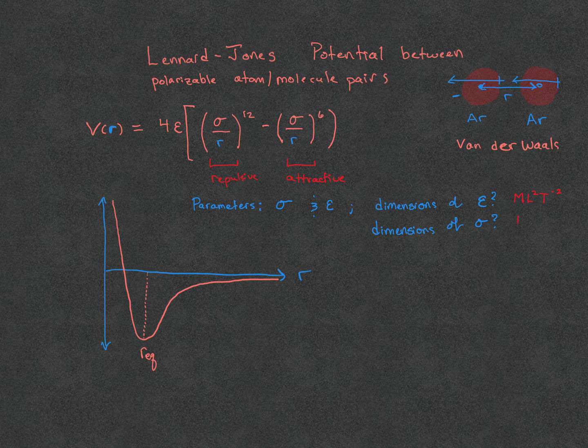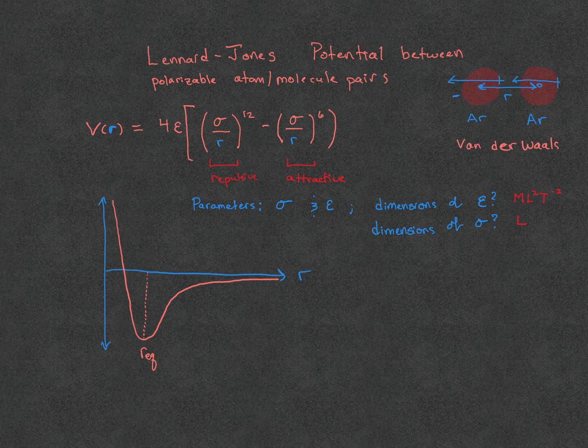And sigma has to be a length parameter. The reason is that in these brackets, I've got sigma over r raised to the 12th power minus sigma over r raised to the 6th power.